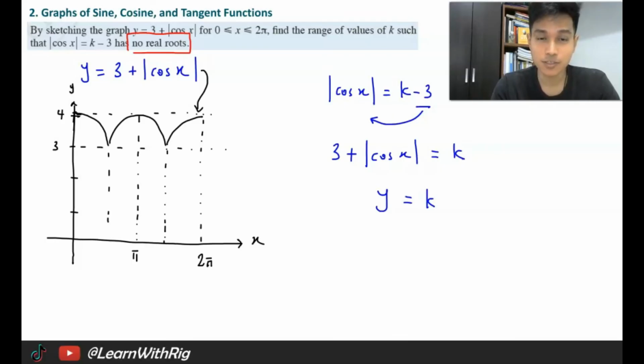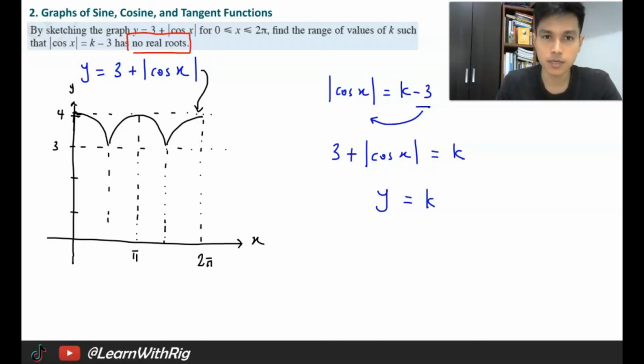No real roots means there is no intersection. The line does not cut through the existing graph here. If you cut it, there is a real root. But in this case there is no real root, so there is no intersection at all.